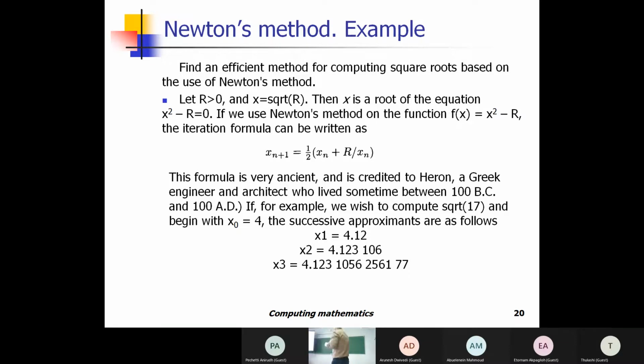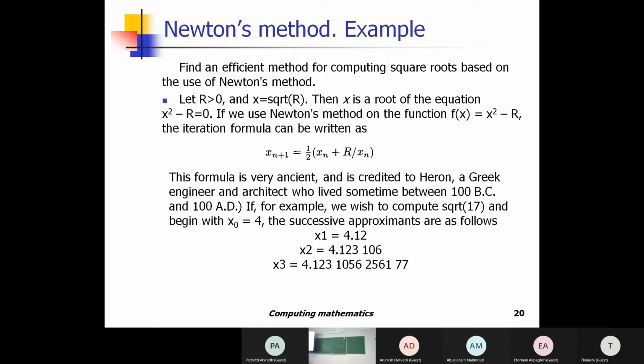Yes, this is the formula. Let me write it here. Xn plus 1 equals 1 over 2 times xn plus, if r is 3, 3 over xn. Or just r in the general case, while in our case r equals 3.